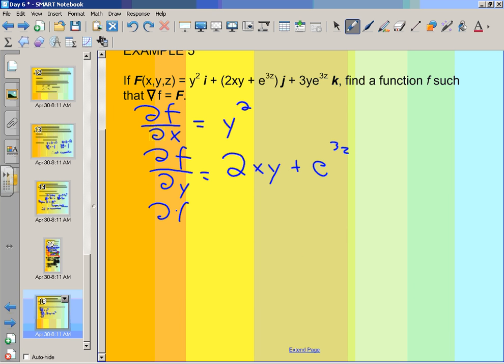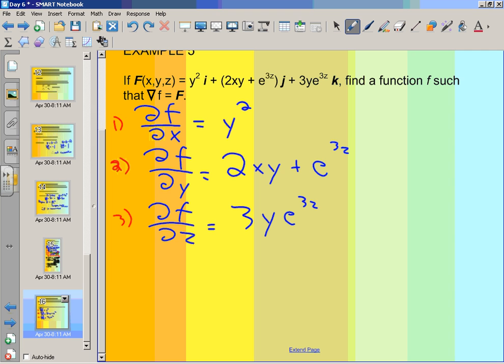And df dz, which would be the third part of the gradient, is going to be 3y e to the 3z. And so the only difference is that instead of having 2 equations, we're going to have 3 equations. Yeah, and so each of those constants could be a function of 2 variables.